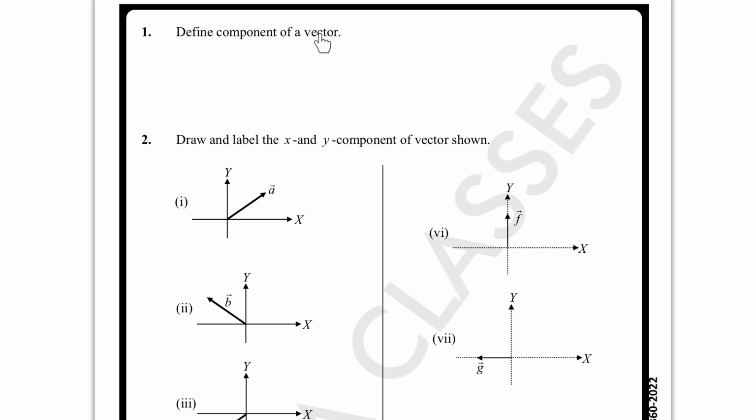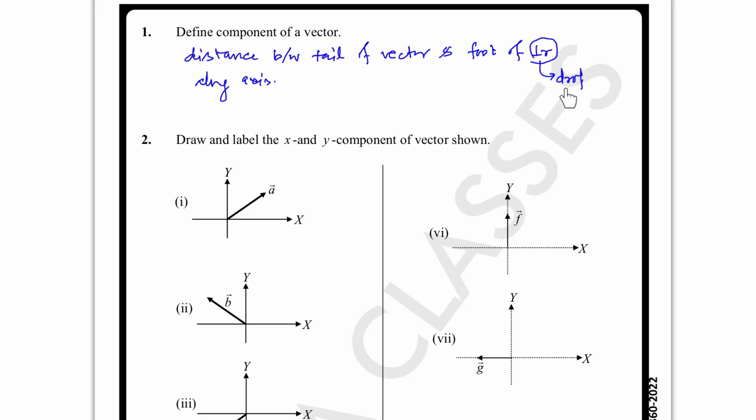Question 1, define component of vector. So as you know, component is a geometrical construction and it is the distance between the tail of the vector and the foot of the perpendicular along the axis. Now, this perpendicular should be dropped from the head of the vector. Is there any condition also?